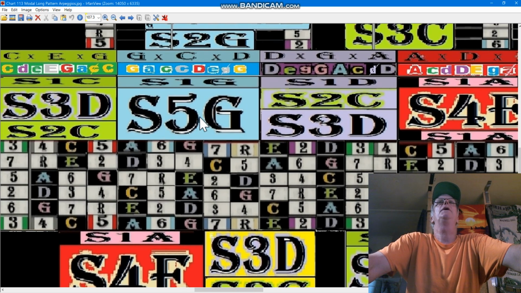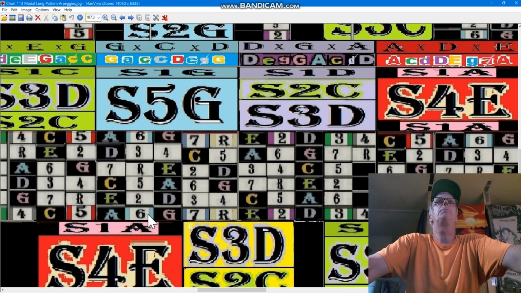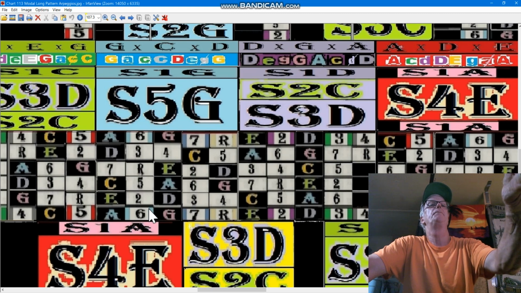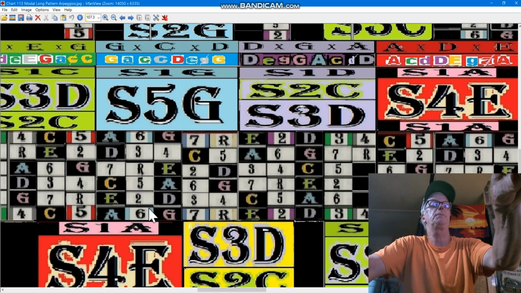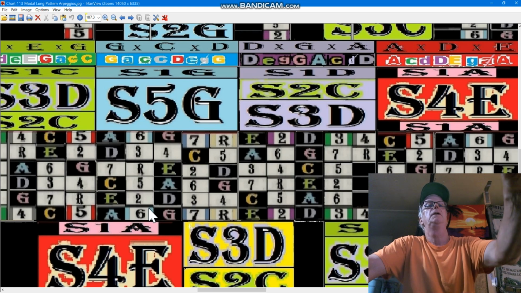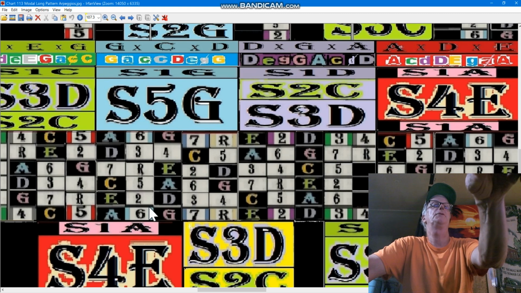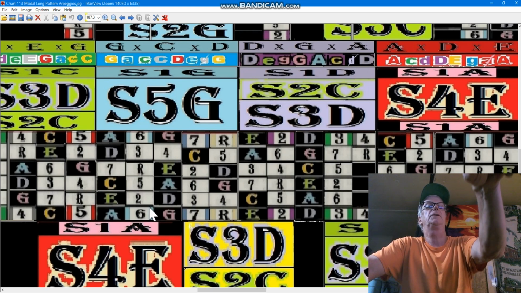We start with a G-shaped C, and we're just going to go up the modal scale. G-shaped C, A minor shaped D minor, C minor shaped E minor, okay, C major shaped F, D major shaped G, E minor shaped A minor, and then on up to the half diminished, and then G again.